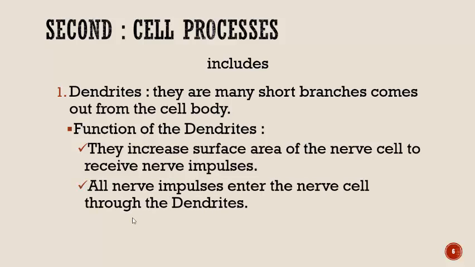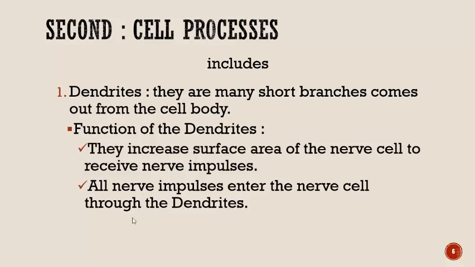Also through these dendrites the nerve impulses transfer from one cell to another or enter the nerve cell. All nerve impulses enter the nerve cell through these dendrites or the small branches which come out from the nerve.